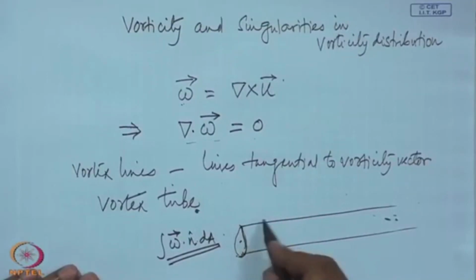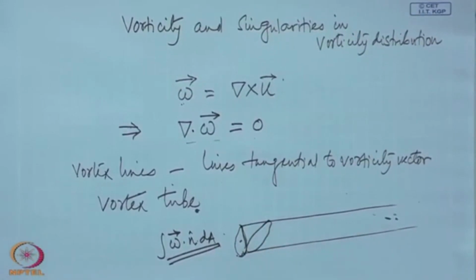You may choose any type of area, and the strength of this vortex tube will remain constant. What is the significance of that? If we have a vortex tube, it will never end within the fluid, because if it ends, its strength would be changing, but it cannot. So a vortex tube will never end within the fluid, just because of this definition.